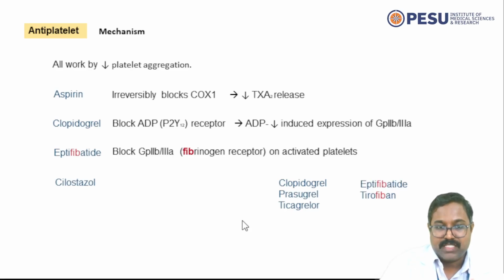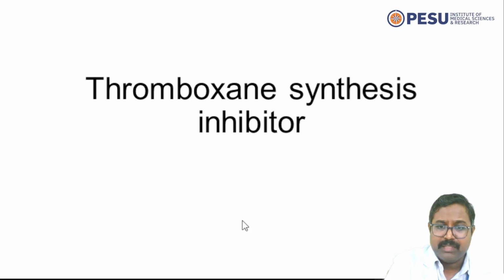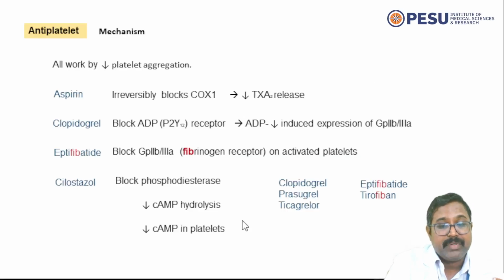Fibrinogen is responsible for combining the platelets together with the help of the GP2B3A activity. Eptifibatide and tirofiban have a similar mechanism. Cilostazol will block the phosphodiesterase activity, thereby it decreases cyclic AMP hydrolysis, so cyclic AMP increases in the platelet, thereby it produces antiplatelet action.